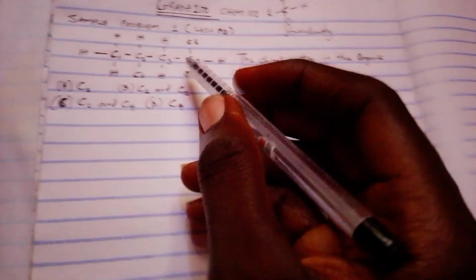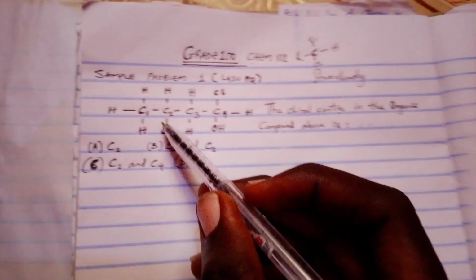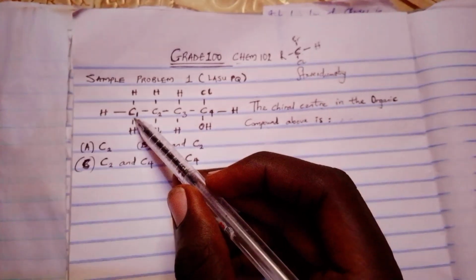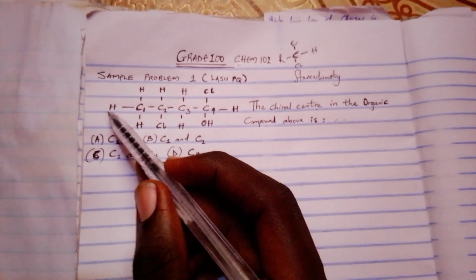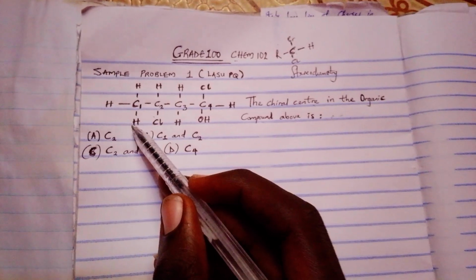Now let's go about solving it. The first thing, let's look at carbon 1. You will see that this carbon 1 is attached to hydrogen and another hydrogen.